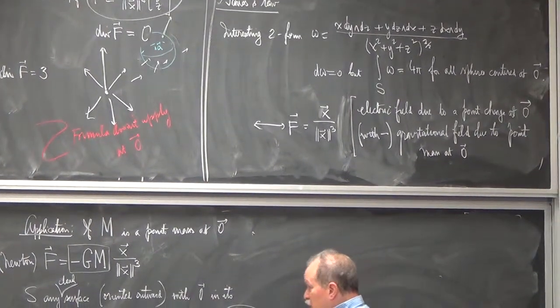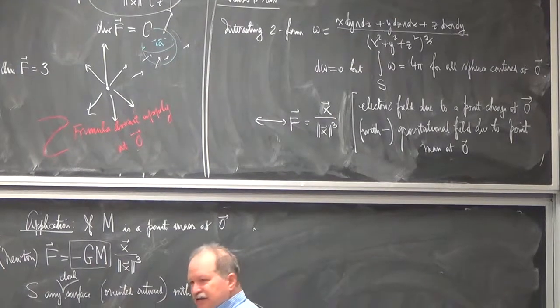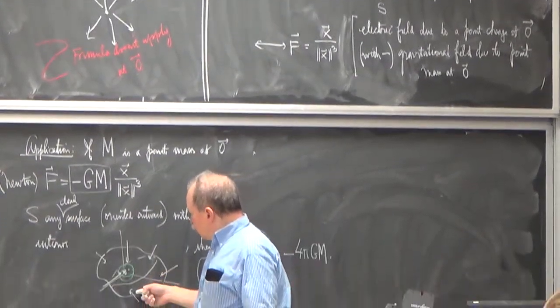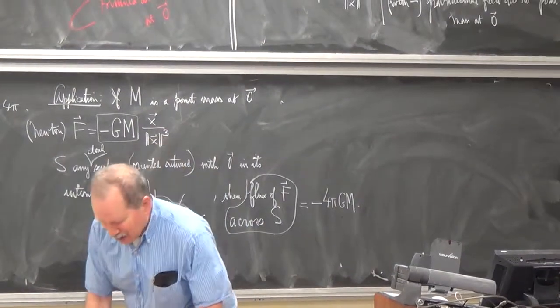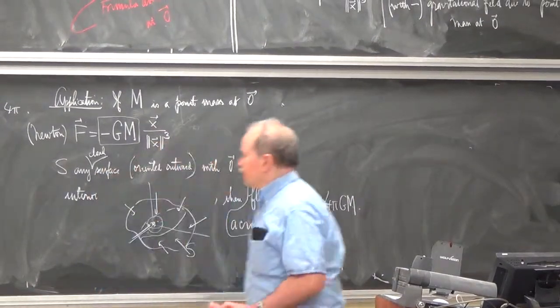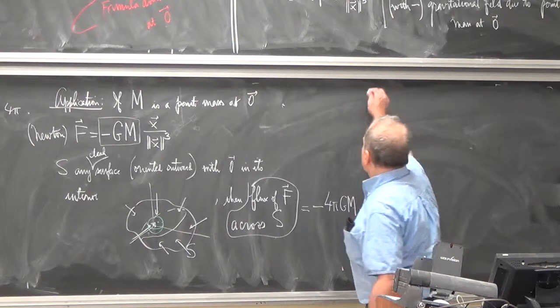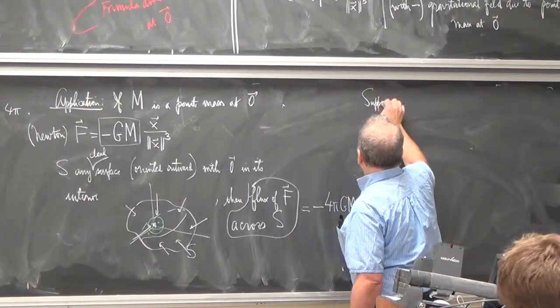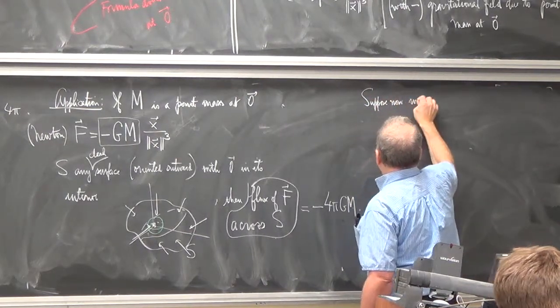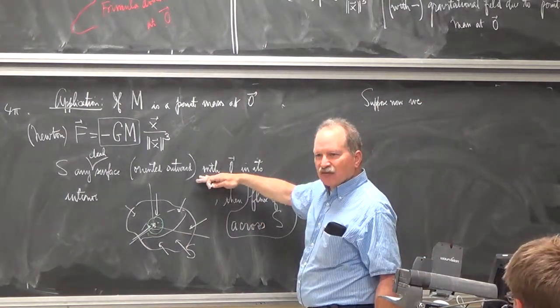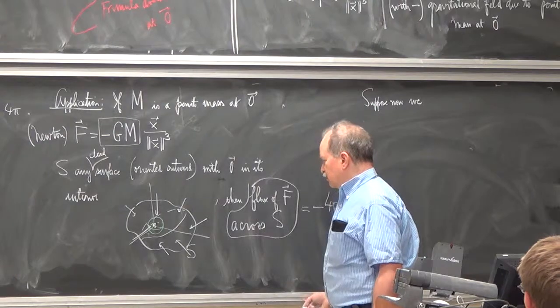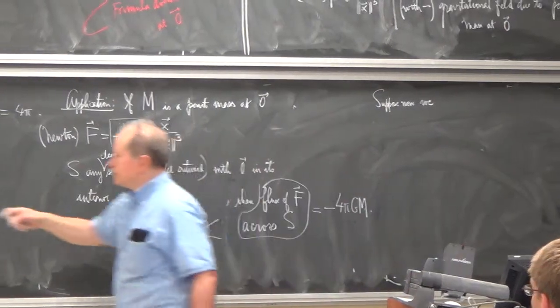So there's net inward flux. Now, what I want to do is generalize this, and then you're going to see we can get something really interesting out of it. Of course, if S doesn't have the origin inside, what's the flux? You get 0 still.